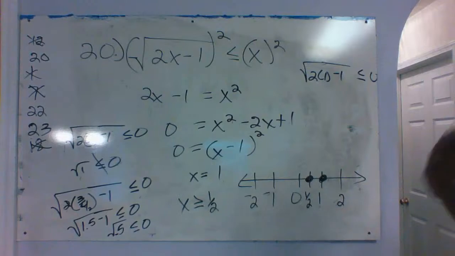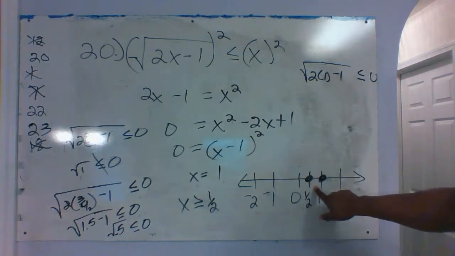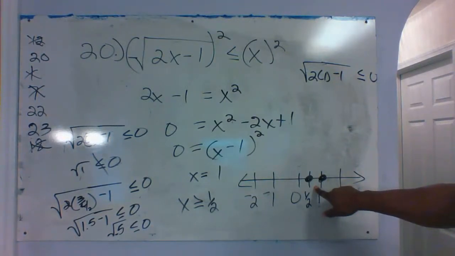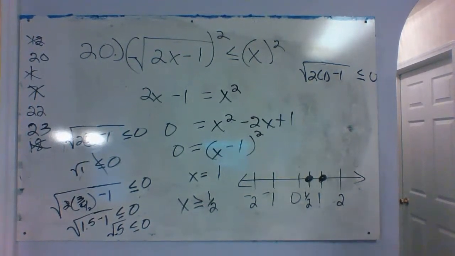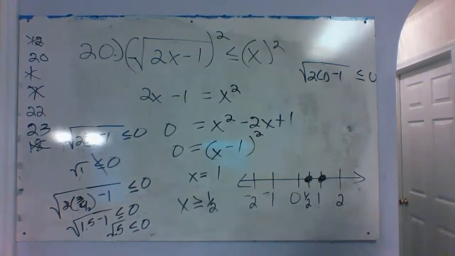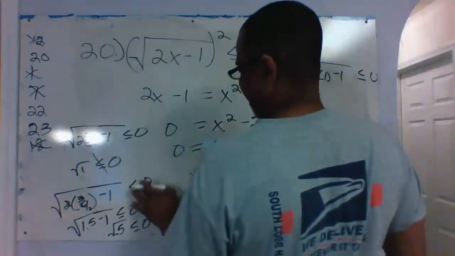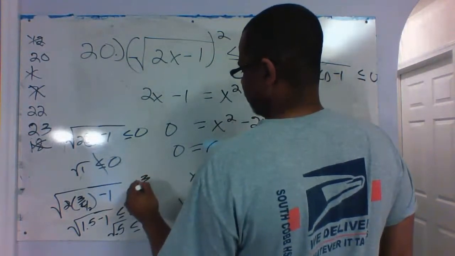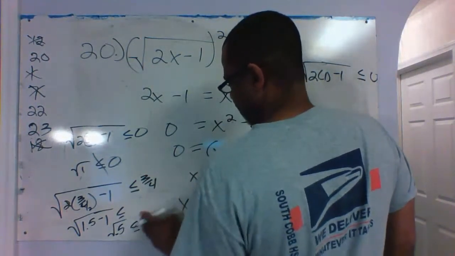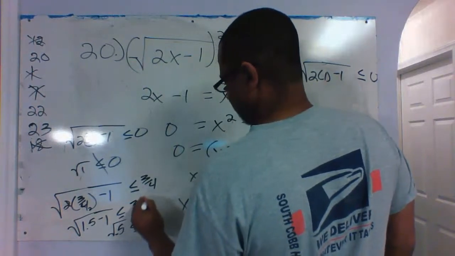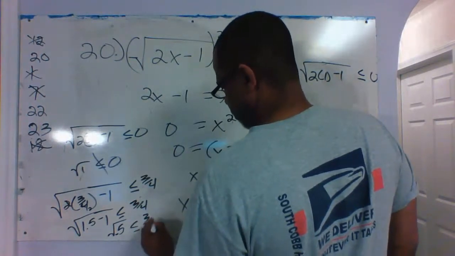So if I do 3/4, because 3/4 is in between here, that would be 1.5 minus 1, so that's 0.5. Then if I plug in 1, oh, I'm sorry. So this should be 3/4, and this should be 3/4, and then this should be 3/4.